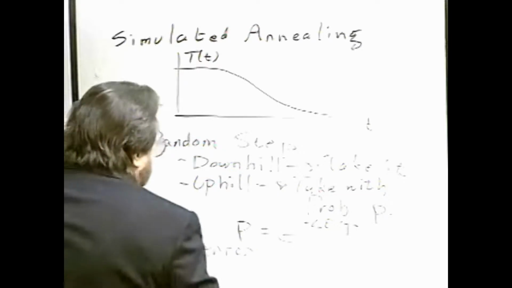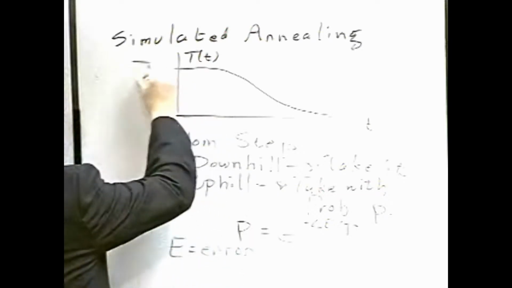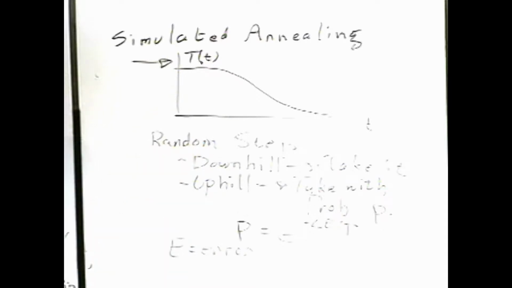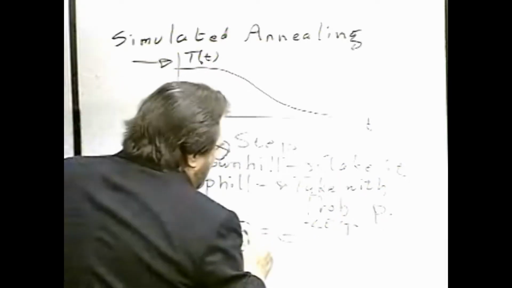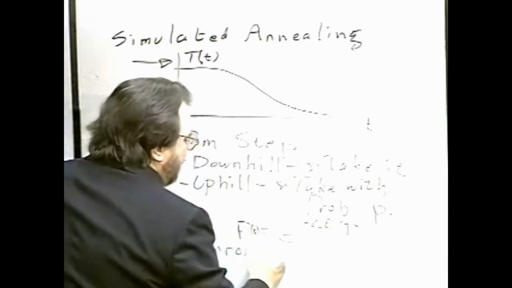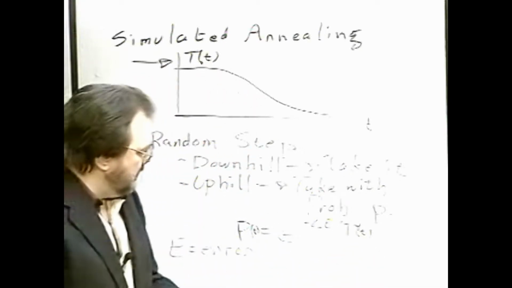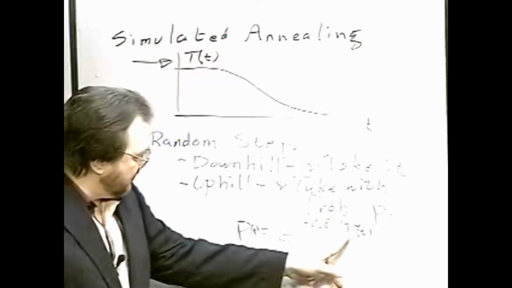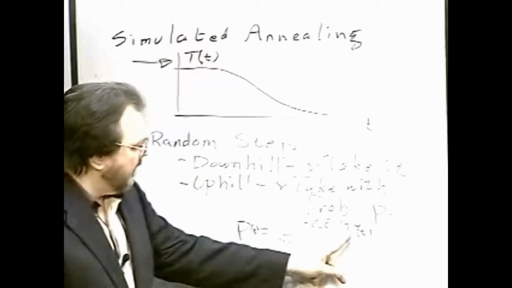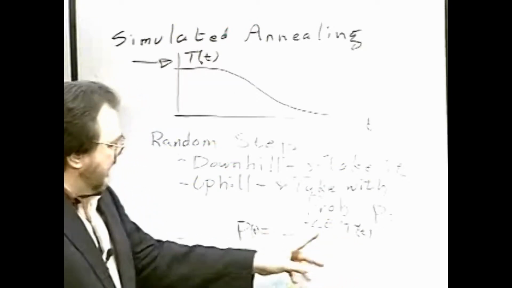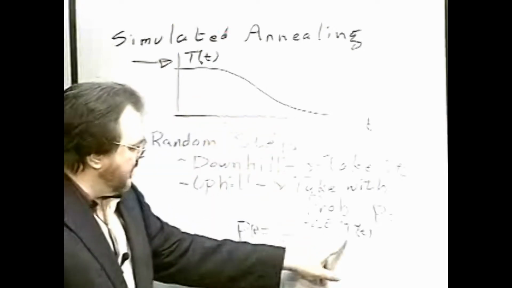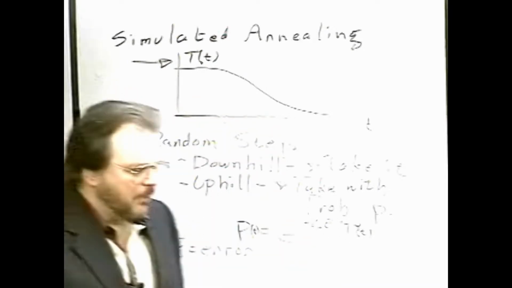Now the temperature looks much like this. This is the annealing. So in truth, this probability is a function of time. In the beginning you're going to have a large value of T, and as time progresses, this is going to become much smaller.